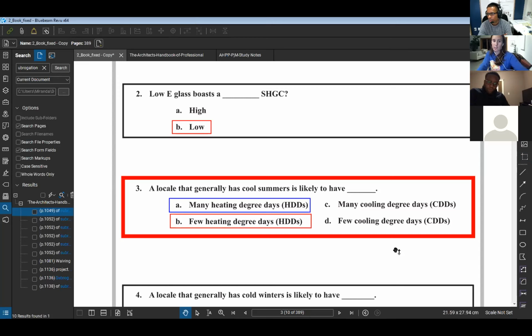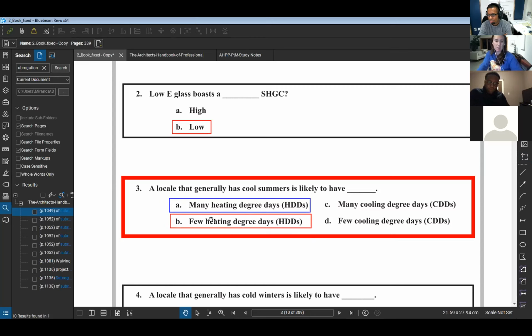Anybody else? That makes sense. If the summer has to be hot and it's cool, it means the entire year it's cold. Exactly. It's kind of like Alaska. But it's about understanding that term, heating degree days, and I'm not an expert on it. This is my gut feeling on it.